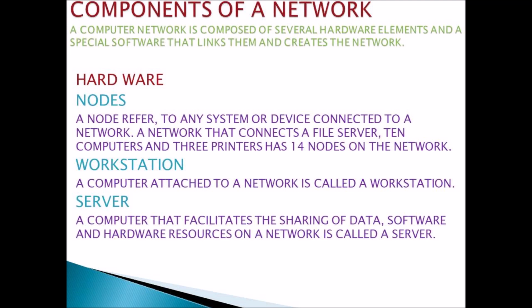The next one is a workstation. A computer attached to a network is called a workstation. A workstation is for a single user but has advanced graphics capabilities, large storage capacity, and a powerful CPU.